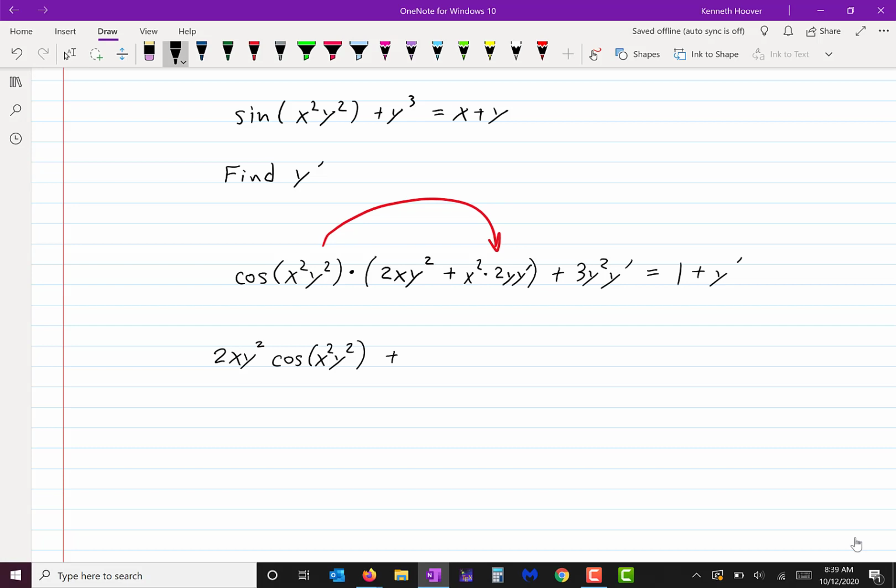So let's write 2x squared y times cosine of x squared y squared times y prime. I like to put the y primes always at the end. Okay, and then we have plus 3y squared y prime. Then we have equals, and then we have 1 plus y prime.